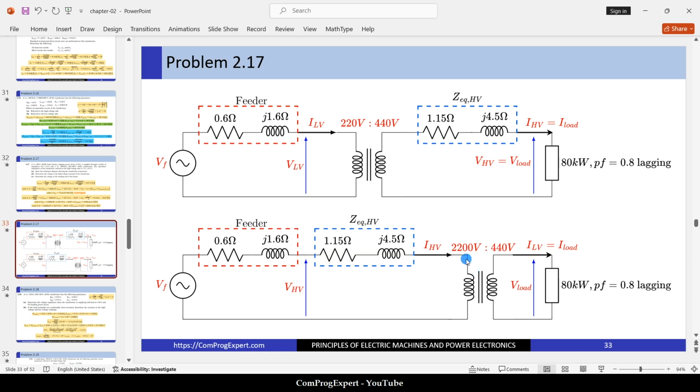And here, the primary side is the high voltage side. Yes, we connect the load to the secondary side. This is the equivalent impedance of the transformer. We have it for the high voltage side. And this is the high voltage terminal.